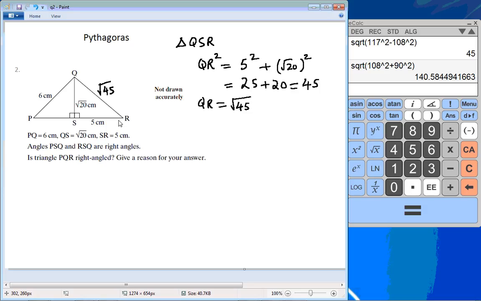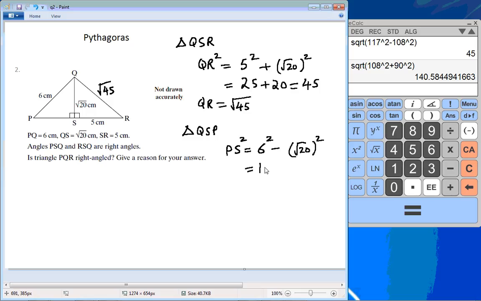And then we're going to use the triangle QSP. So we know the sides PQ and QS. We want to find PS, and it's a smaller side. So PS squared, the longest side is PQ, so 6 squared, minus QS, so it's root 20 squared.